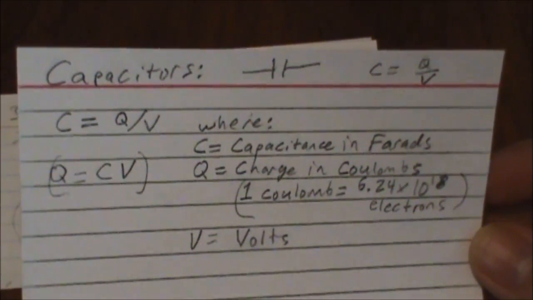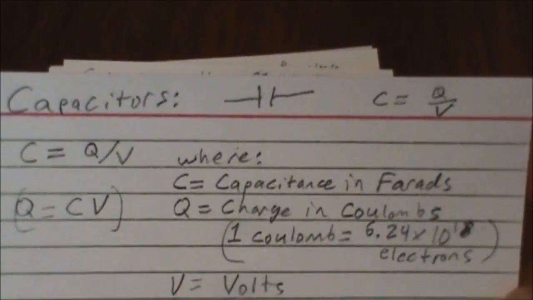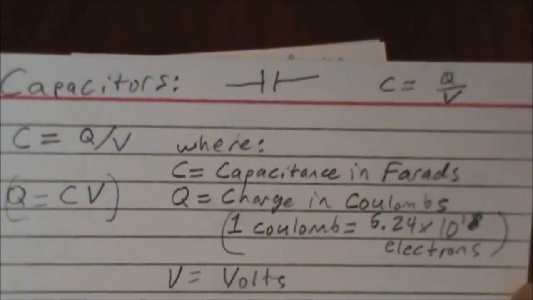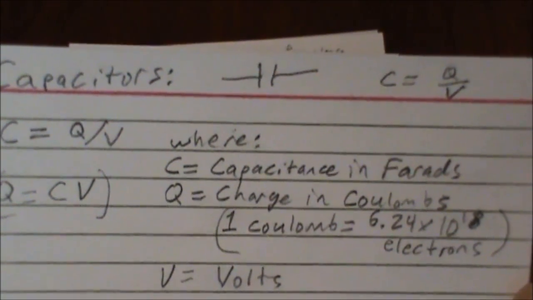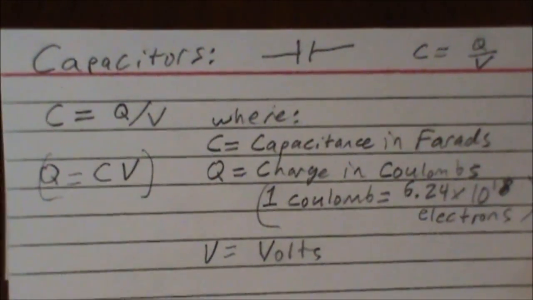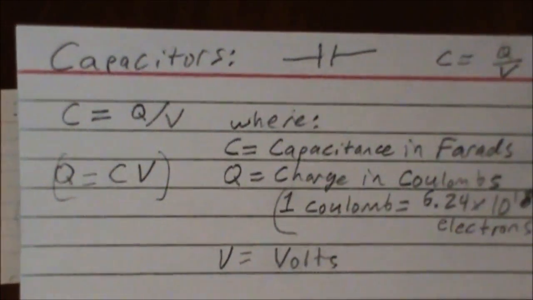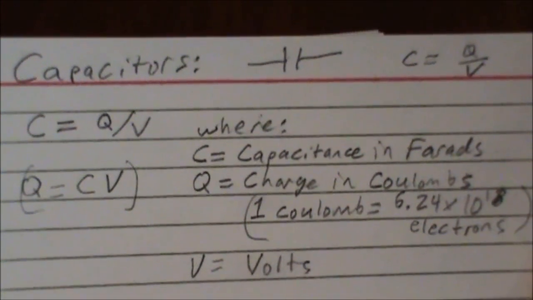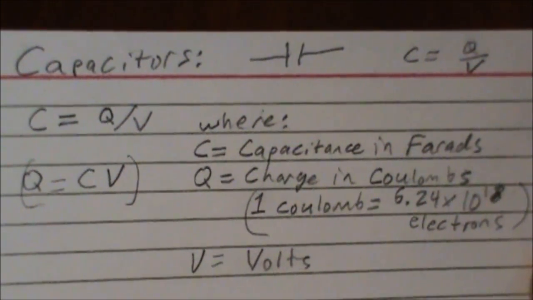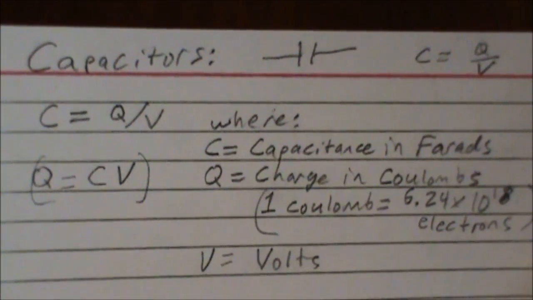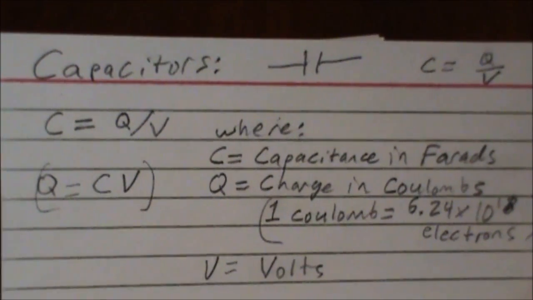So we have C equals Q over V. That means our capacitance equals our charge over our voltage. And algebraically, just like with Ohm's law, we also have Q equals C times V.